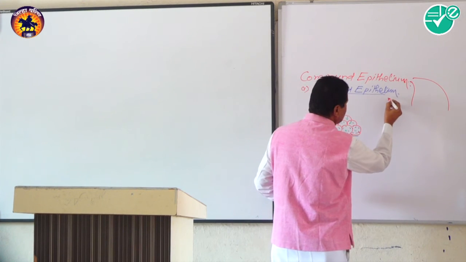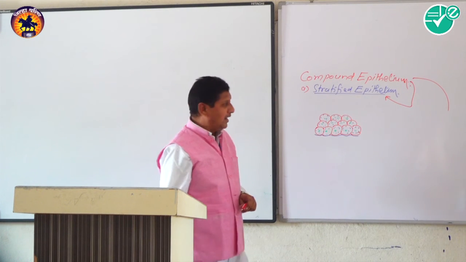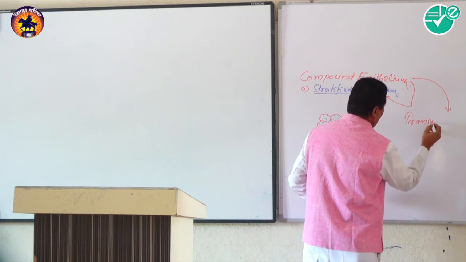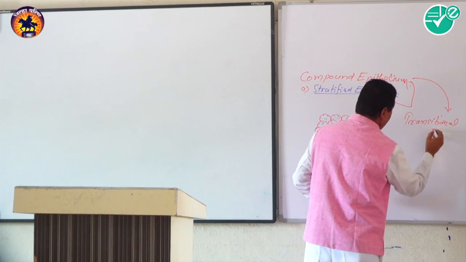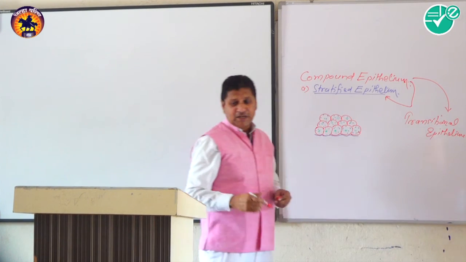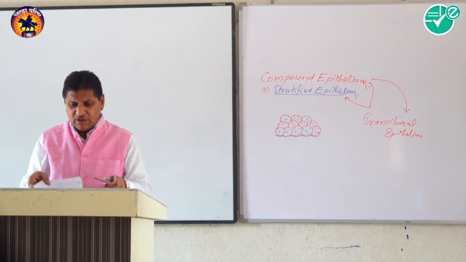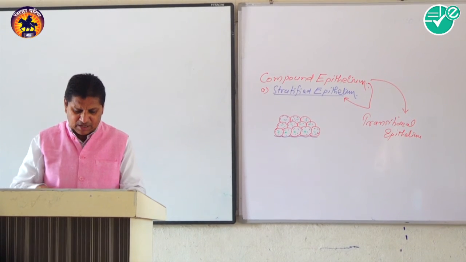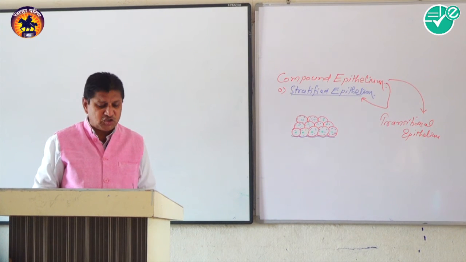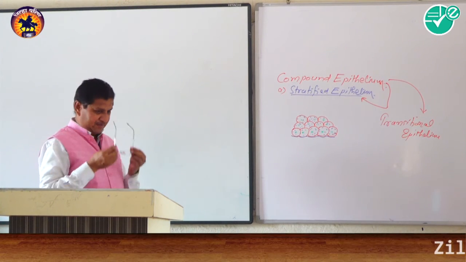The first one is the stratified epithelium, and the second one is the transitional epithelium. These two epithelia differ from the simple one with respect to the number of cell layers.